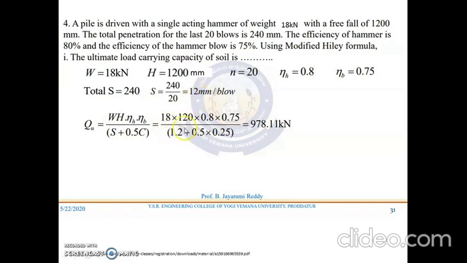Since all the terms have to be written in terms of centimeter, it will be 12 divided by 10, and it is 1.2 centimeter, plus 0.5 into C. C value is 0.25. Once we substitute, we will be able to get the value of Qu as 978.11 kilonewton.